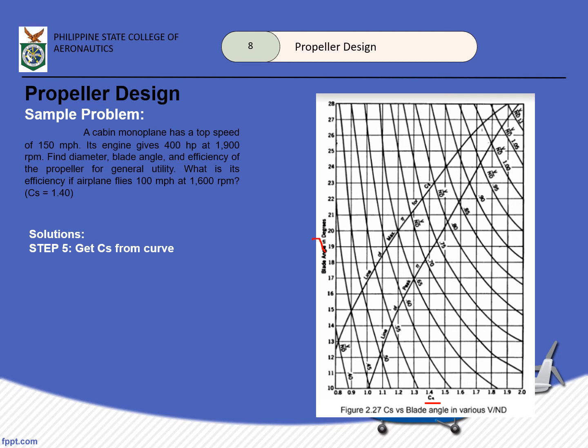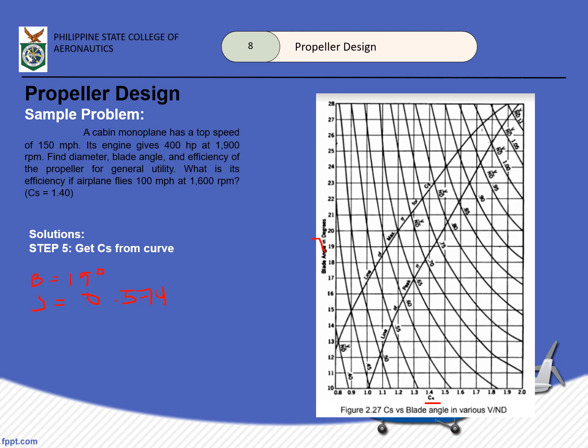Pero ano nga ba yung isa pang makikita dito sa curve na ito? Ayun, may V/ND din dyan. So, alin nga ulit yung ating blade angle, according kanina. So, it is 19 degrees and yung kakasolve lang natin advance ratio is 0.574. So, we try to use those values to get CS.